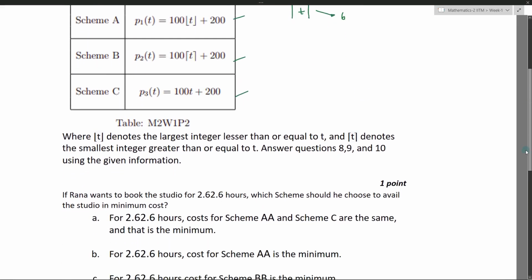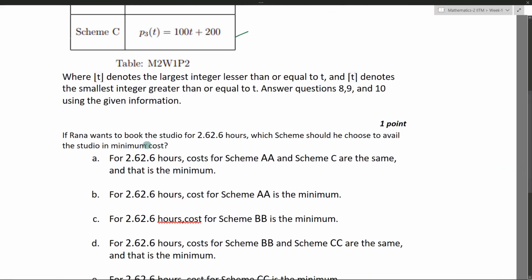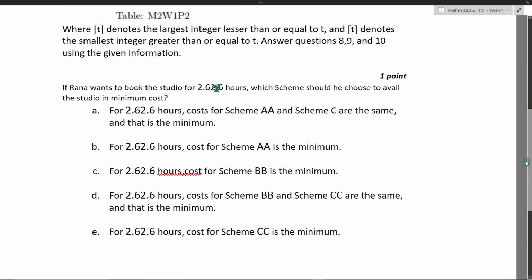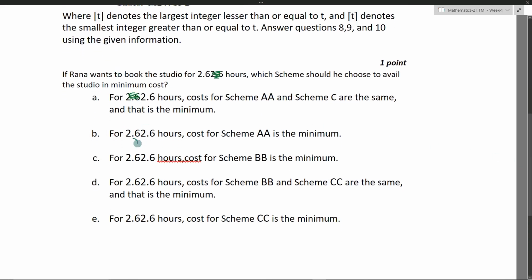So moving on, what is the question? If Rana wants to book a studio for 2.6 hours, which scheme should he choose to avail this studio at the minimum cost? I don't know why there is a repetition of this typo, I'm sorry for that.